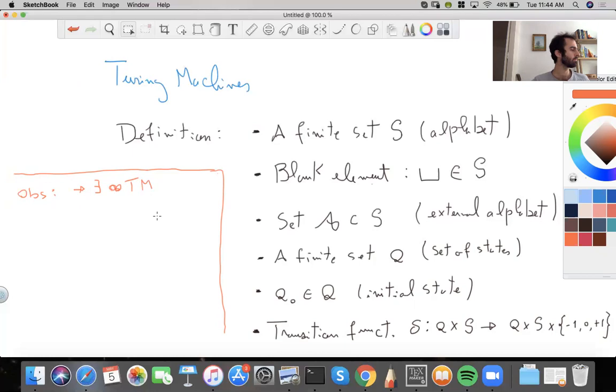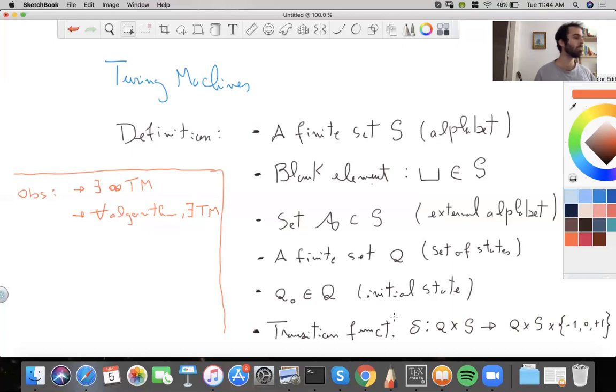Okay. And also you can observe that for every algorithm, there exists a Turing machine. Right. For any given algorithm, I can come up with a Turing machine which executes it. The algorithm being encoded in all these things here, including this transition function.